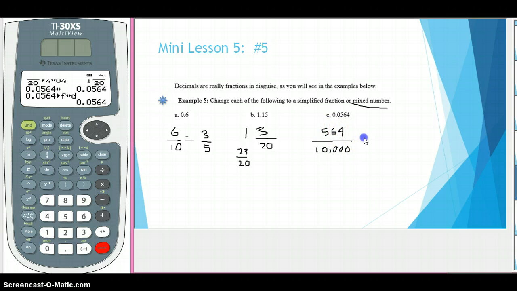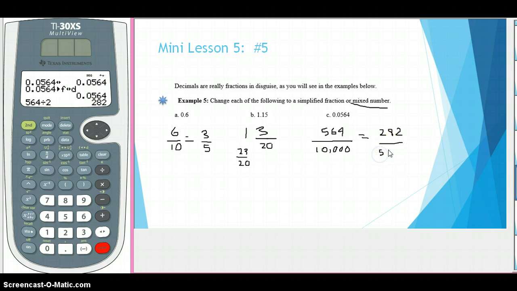So to simplify this, I'm still going to use the calculator a little bit. I see that they're both even, so I'm going to divide the numerator by 2, and we get 282. And I know that dividing 10,000 by 2 gives me 5,000.